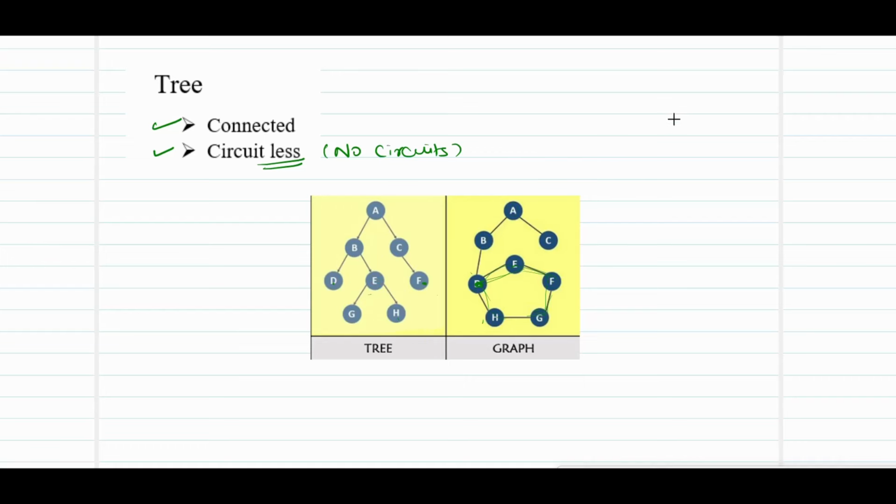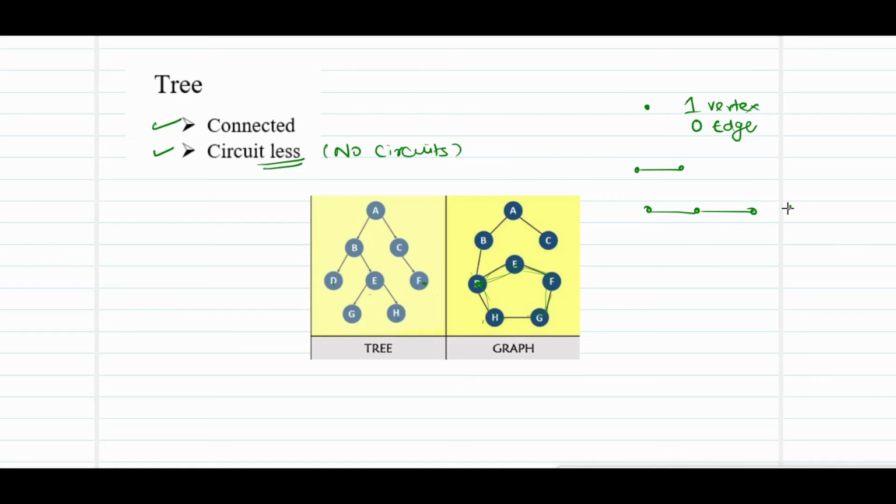A tree can have one vertex and no edges. So it has one vertex and zero edges. This will also be referred to as a tree. This has two vertices and one edge. This is also an example of a tree. When you have 3, 1, 2, this is a tree.